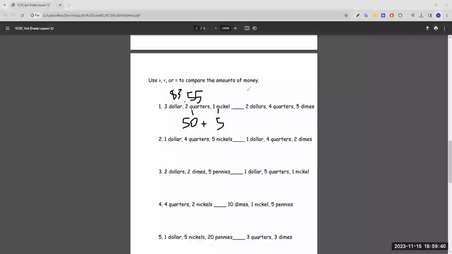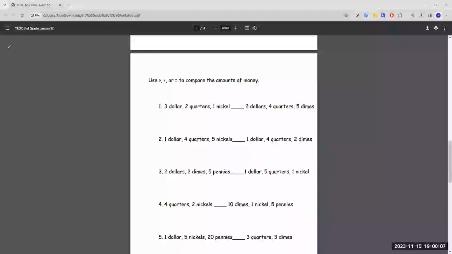We have $2, 4 quarters, which is $1, and 5 dimes, which is 50 cents. So when you add this up, it's $3.50. We can see that $3.55 is greater than $3.50. So the sign would be facing this way because this is greater.